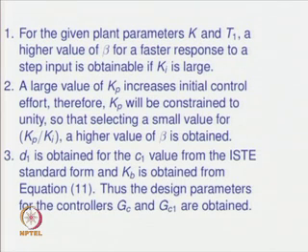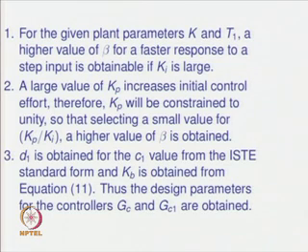If Ki is large, a large value of Kp increases the initial control effort. As you know, higher proportional gain not only increases the control effort, but can lead to instability in the closed loop system.